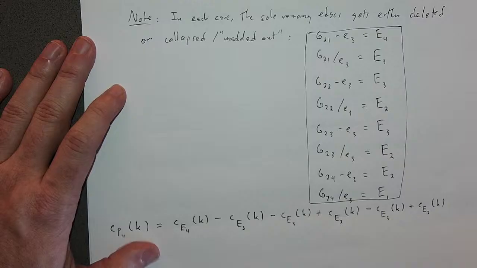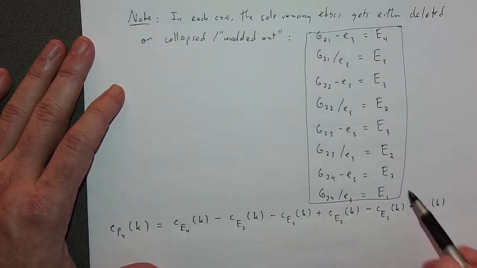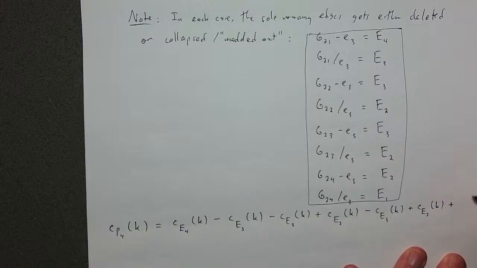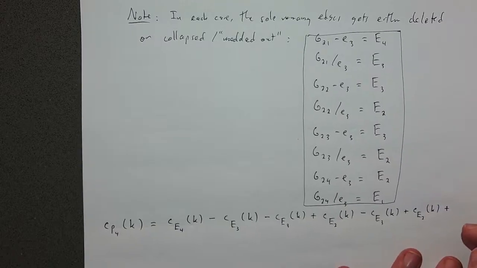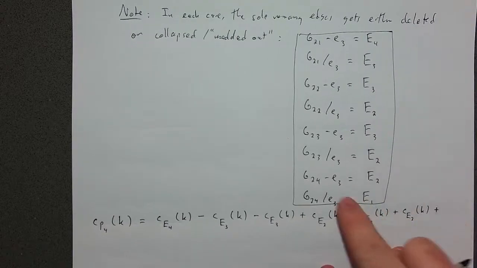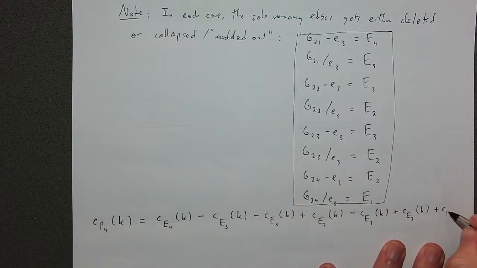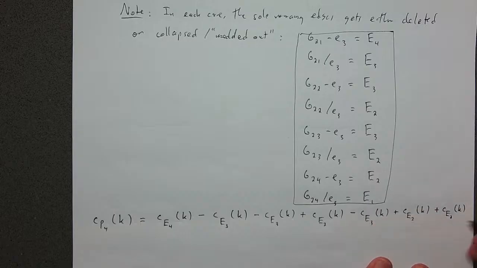Then plus, again, because of the minus sign, this would be plus the number of colorings on G24 minus E3, which is the empty graph on two vertices, minus the number of colorings on G24 mod E3, which is the empty graph on one vertex.